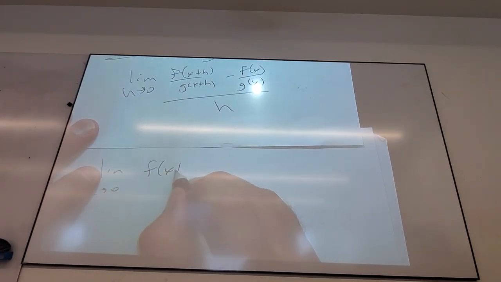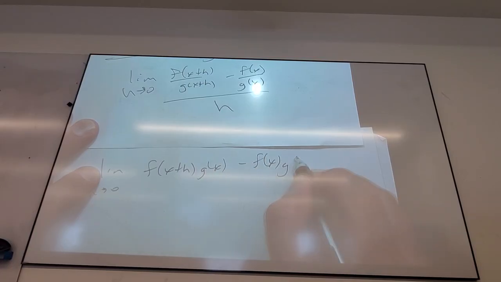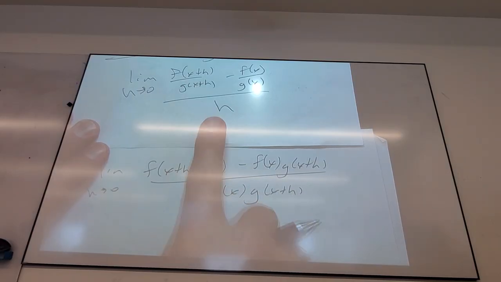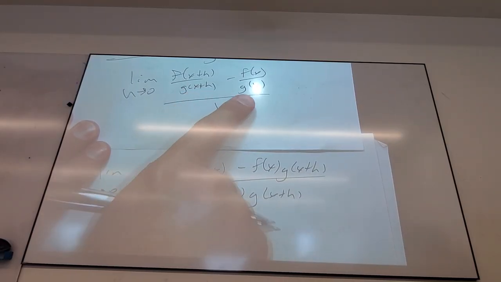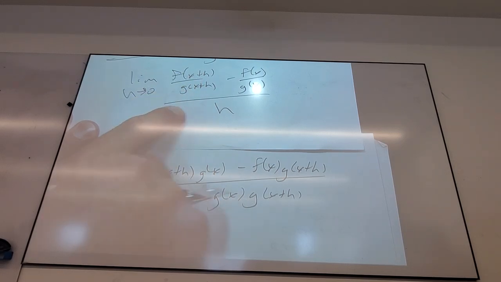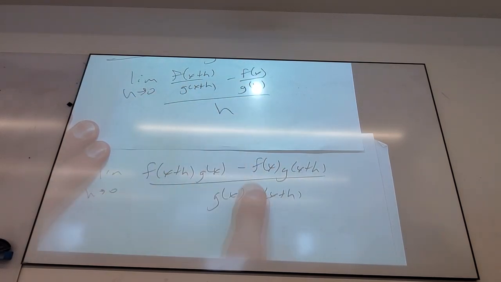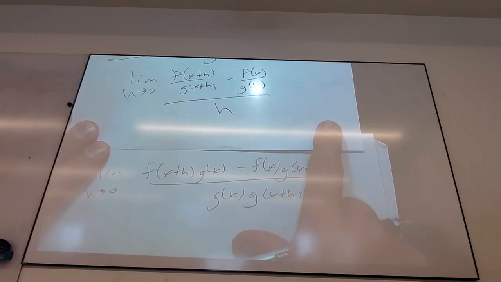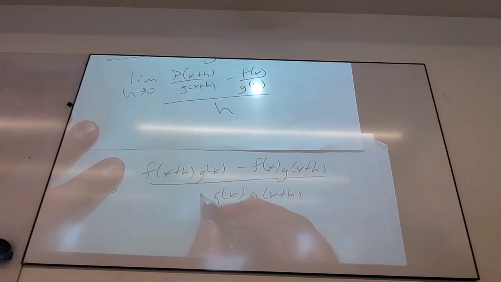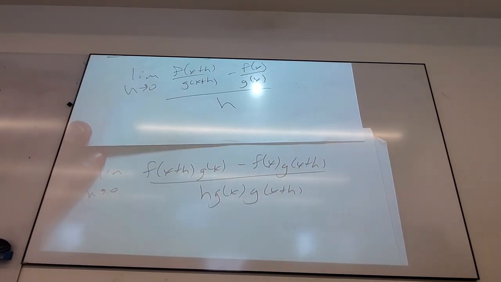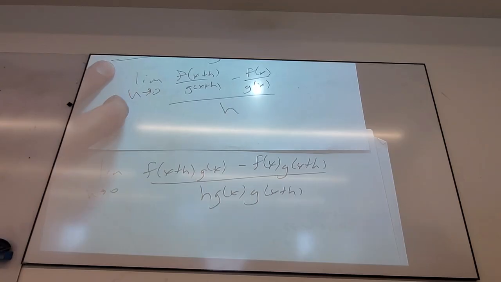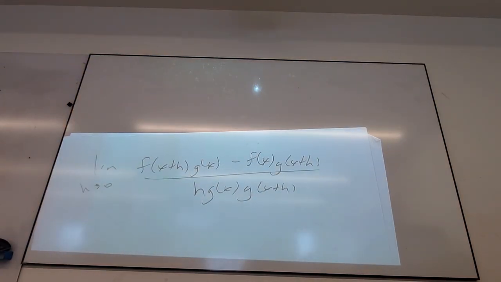So f of x plus h times g of x minus f of x times g of x plus h, all over g of x times g of x plus h. I still need to put the over h. So does everybody see what I did? I gave this guy a g of x, and I gave this guy a g of x plus h. And it's also being divided by h, so it's being divided by all three of those things.